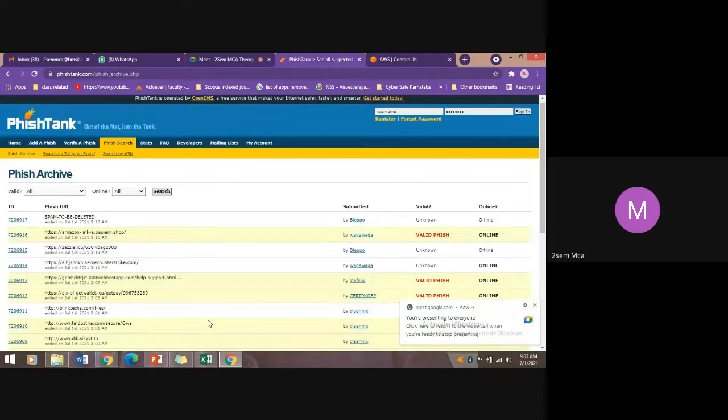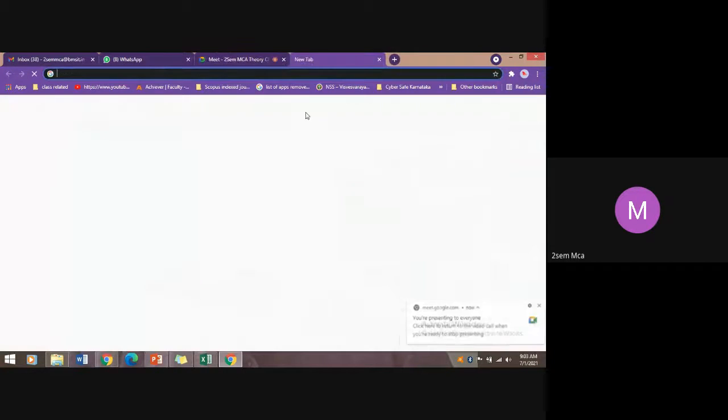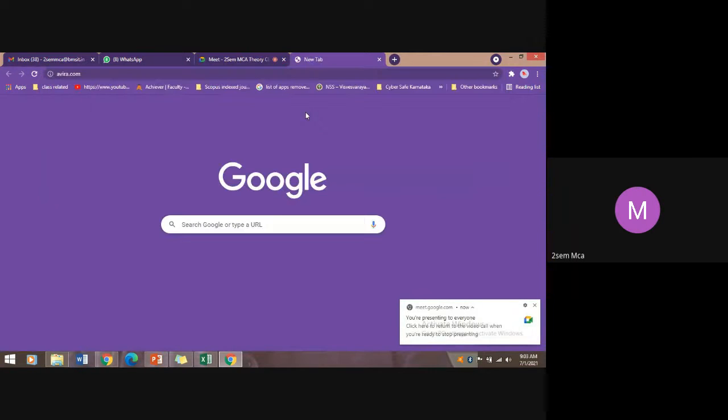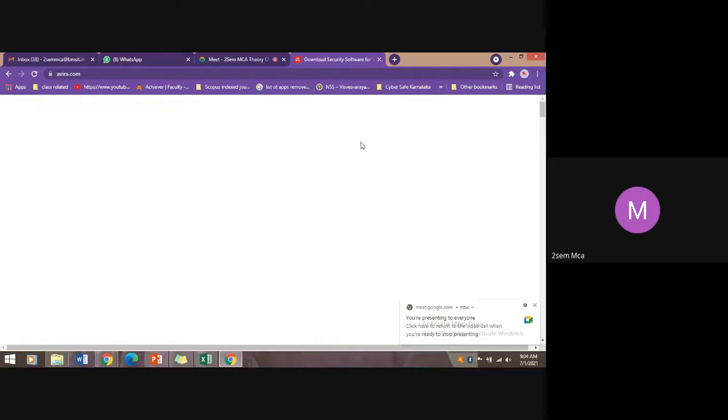Okay, fine. So one more website called avira.com. It is also reporting phishing content.